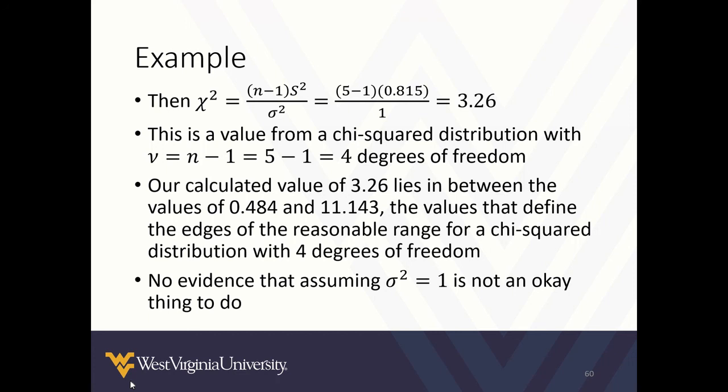And so this value is from a chi-square distribution. Therefore our degrees of freedom would be 4, because it's n minus 1: 5 minus 1 equals 4.